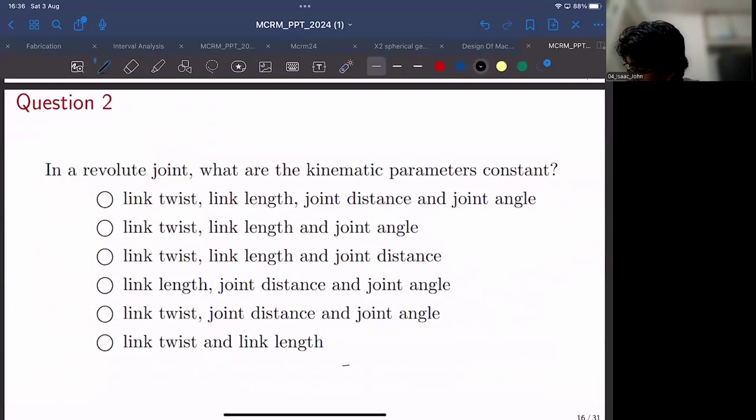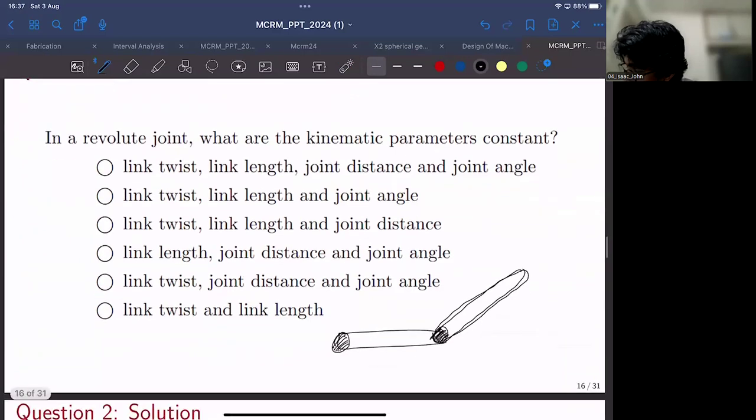So I'll simply represent a revolute joint like so. So this can be a revolute joint. This is another revolute joint. I label this as link 1. I label this as link 2. Link 1 has link length L1, link 2 has link length L2. This is Z1.